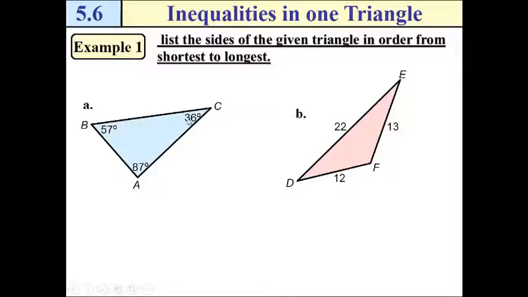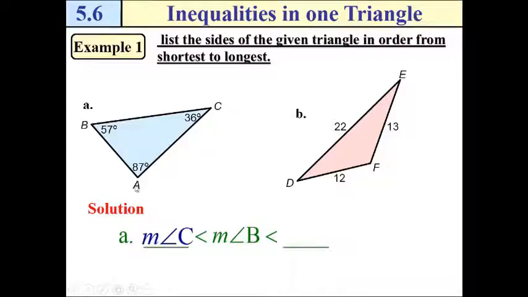The smallest angle, angle C, is 36 degrees. Then the middle one, angle B, 57 degrees, and the greatest one, angle A, 87 degrees. According to the given angles, we can put the side lengths in order.